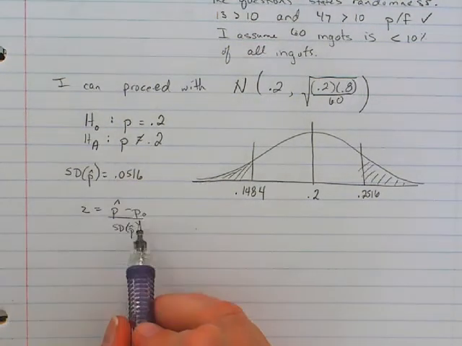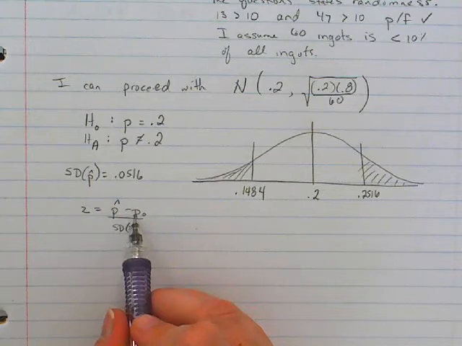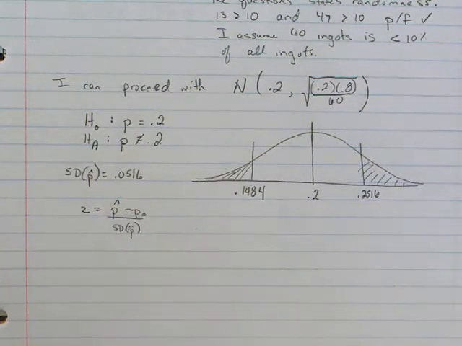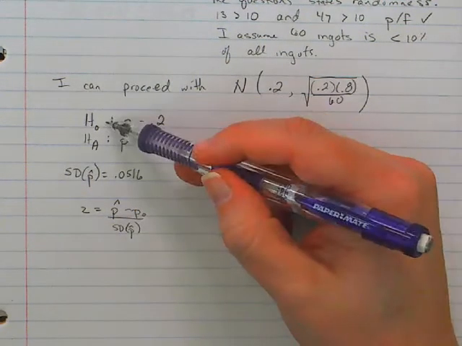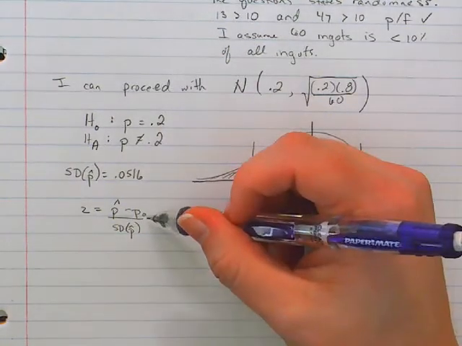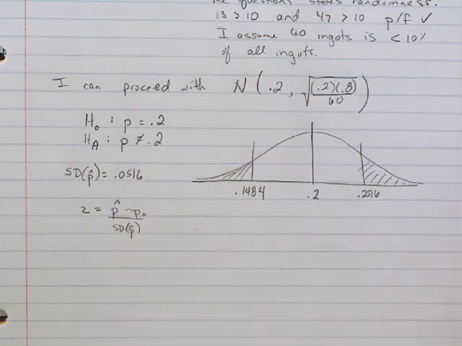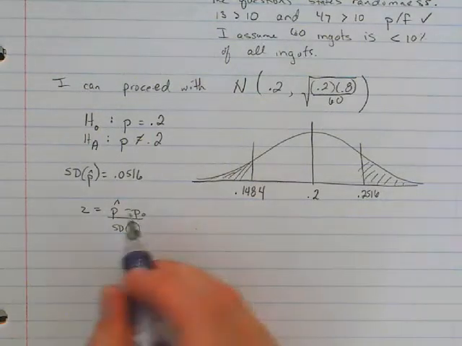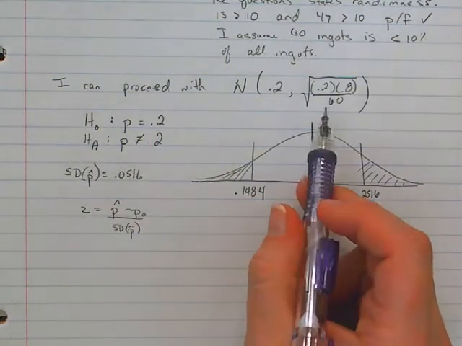P naught goes with h naught. So how come they don't just say p hat minus p? Trying for clarity, knowing that p naught matches h naught, that's the best I can give you. And we know that our p's are the actual p's. We'll talk about it in class.